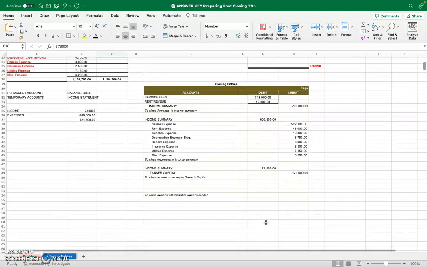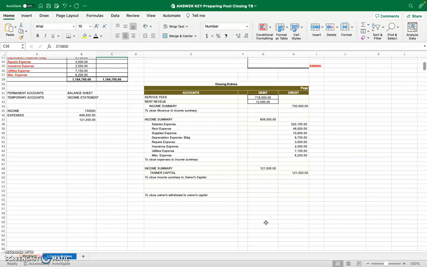So we're going down now to the last step of the closing entries. We will be closing the owner's withdrawal to the owner's capital. Similar to what you did in revenue and expenses, wherein you closed or reversed the account, you will also do that in the owner's withdrawal or owner's drawing.